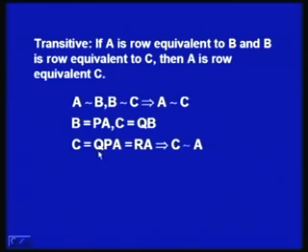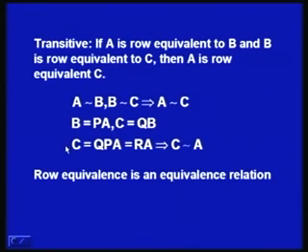QP is a product of elementary matrices, since P is also a product of elementary matrices. So, QP is another matrix R. So, C is equal to RA. That simply means that C is equivalent to A. So, we have proved the reflexive, symmetric and transitive properties, and this means that row equivalence is an equivalence relation.